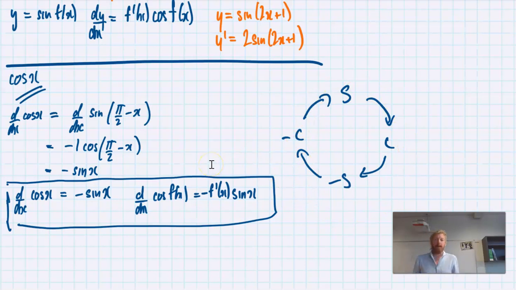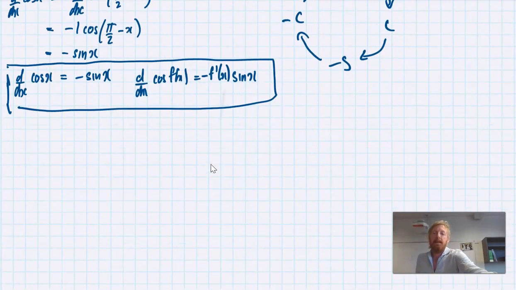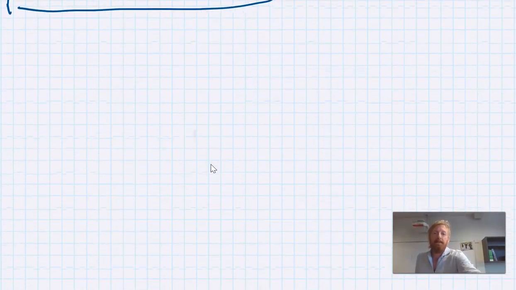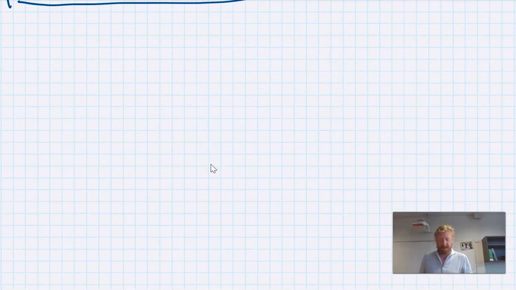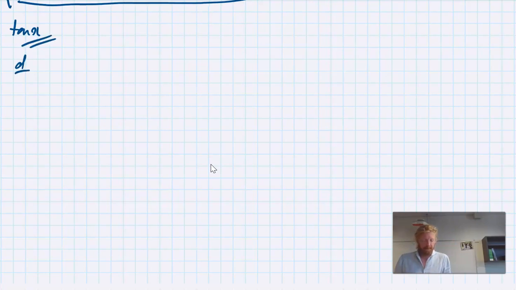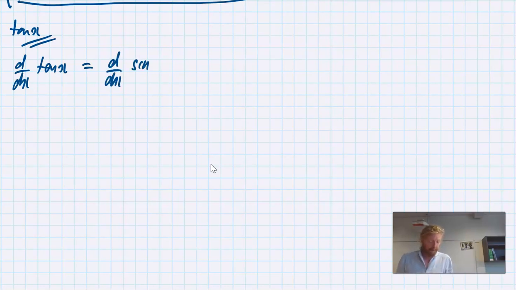Okay, thirdly, we've got sine, we've got cos, now we want tan. Everybody's favorite. Okay, so for tan x, the derivative of tan x equals, don't know yet, so what's tan? Tan is sine on cos, d by dx of sine x on cos x.